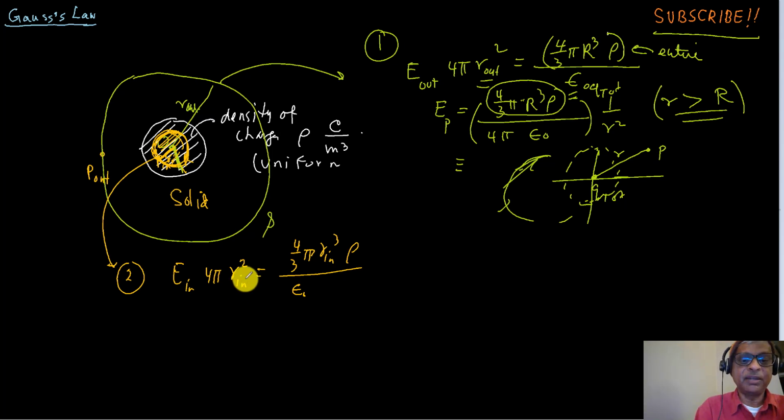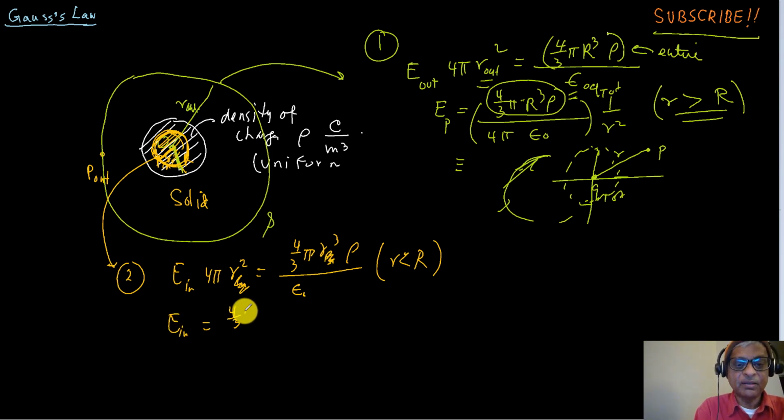So if I write r in as just r less than R, rather than use in, just use the regular symbol for radial distance. So at a point E inside is 4/3 pi r cubed rho over 4 pi r squared epsilon naught.